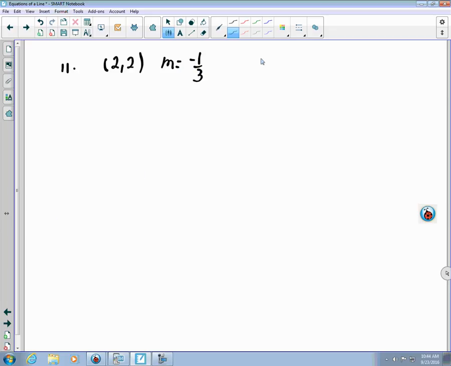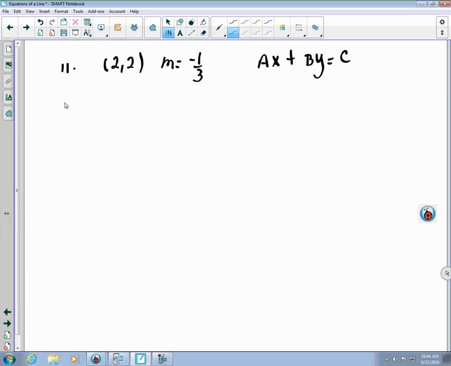Standard form, ax plus by equals c. Actually, this is the hardest one because you've got to work a little bit more at it. The other ones are a lot easier because you can go to stat if you have 2 points for y equals mx plus b, and the point slope is really easy. So this is probably the hardest one, okay?